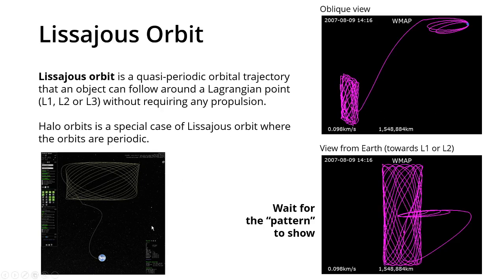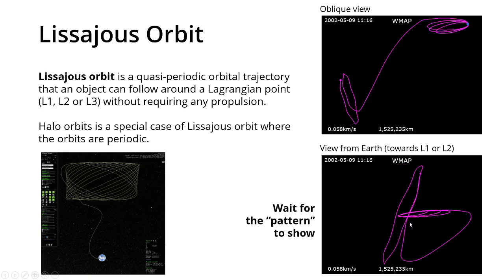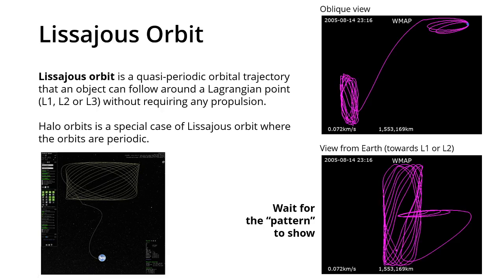It orbits L2, but it's not really periodic. The orbit looks like this. Weird, but really interesting. You know, if you only learn about the two-body problem, we cannot even imagine this kind of orbit. Look at that. It's like a batik in orbit.